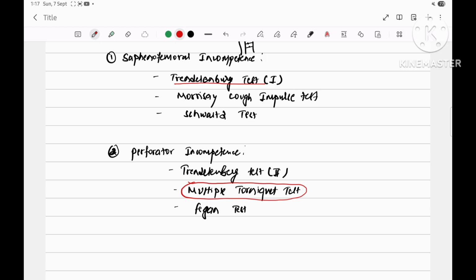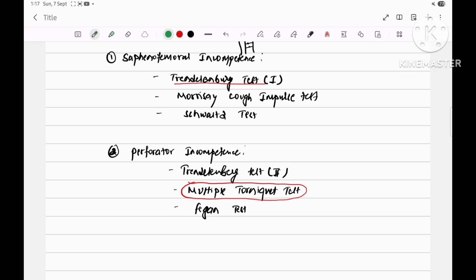Now in this Trendelenburg test, what do we do? We ask the patient to lie down, and then we raise his leg to around 30 to 45 degrees. When we raise the leg, we slide our fingers on his leg to draw the blood towards his body.